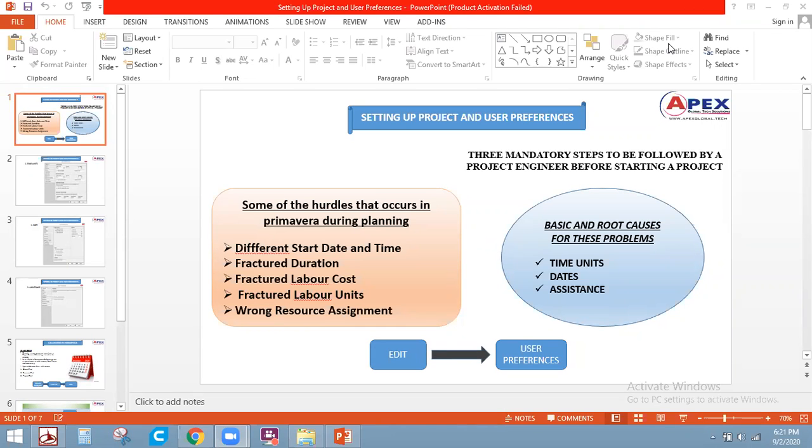Everyone getting my words? Yes, sir. If I assign a labor costing of around 600 rupees per day in that duration, the cost of that activity will be doubled, right? Yes, sir.